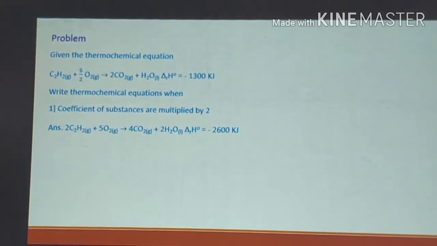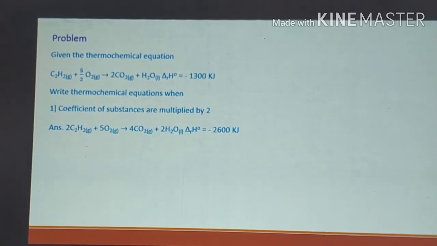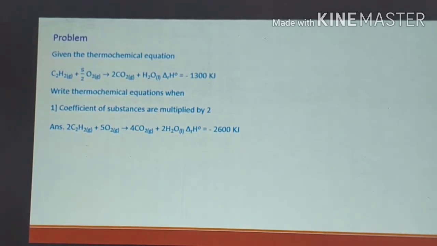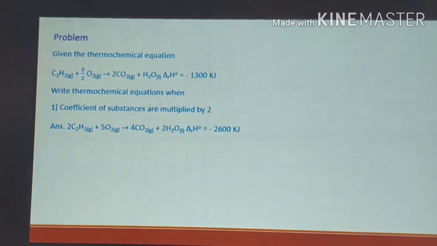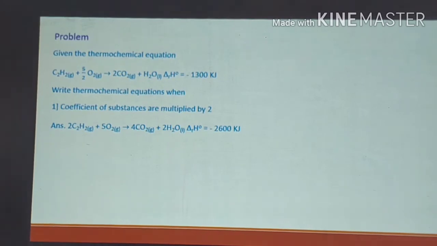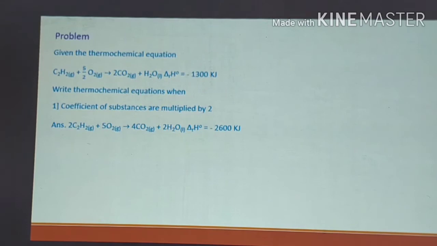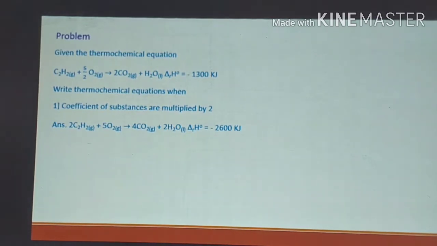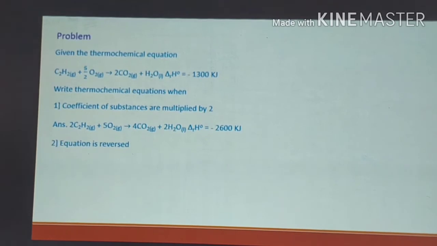For CO2 the coefficient is 2, so when you multiply by 2, it will become 4. Similarly, the coefficient of H2O, which is 1, will become 2. Now you are multiplying the thermochemical equation by a factor 2, so delta rH naught also should be multiplied by 2. So minus 1300 kilojoules will become minus 2600 kilojoules.